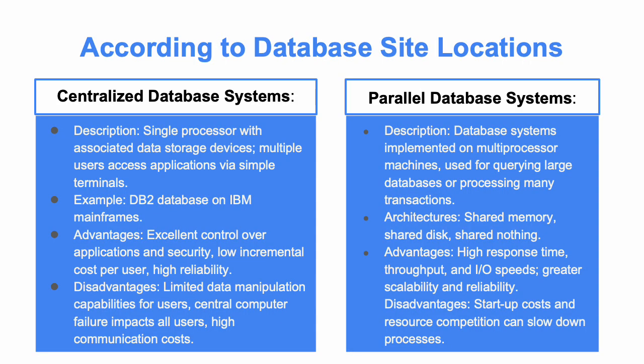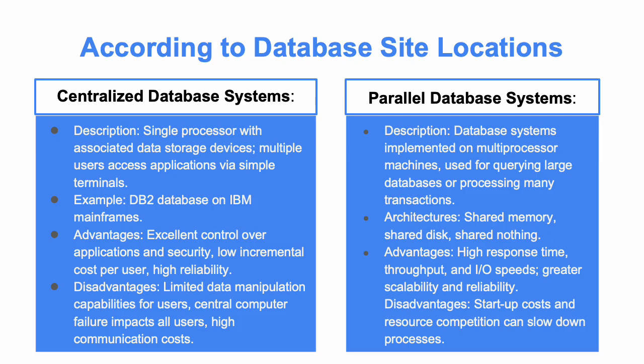The centralized database system has a single processor with data storage devices and other peripherals. The database files are stored on either personal computers, for small businesses, or a mainframe computer for large businesses, and applications run on this same PC or mainframe.